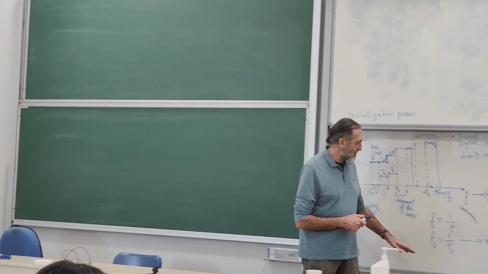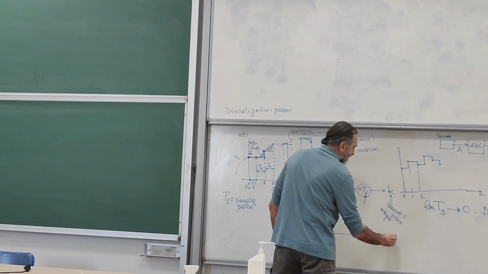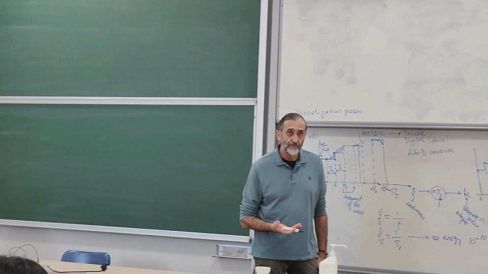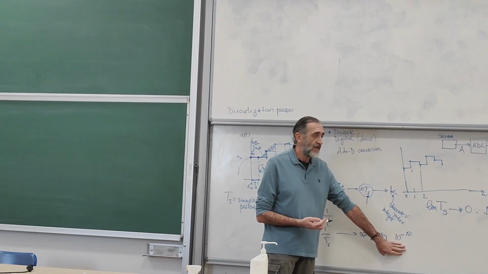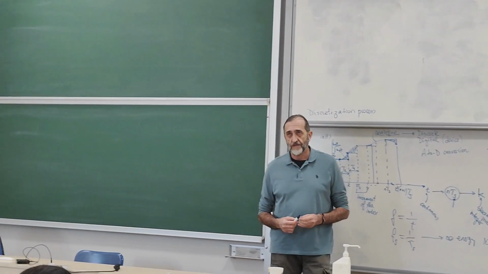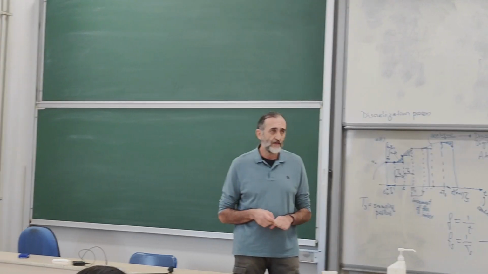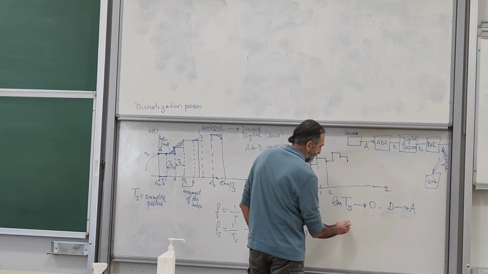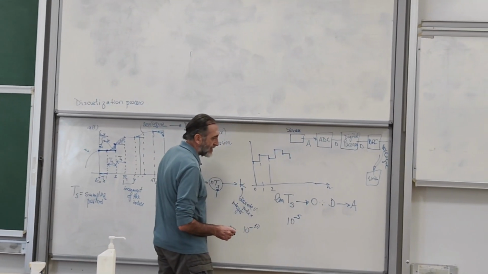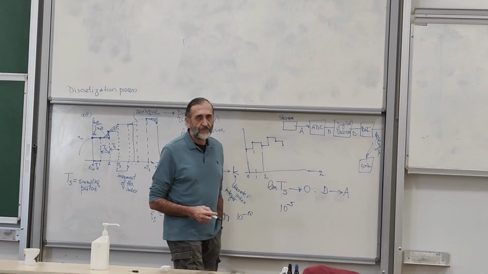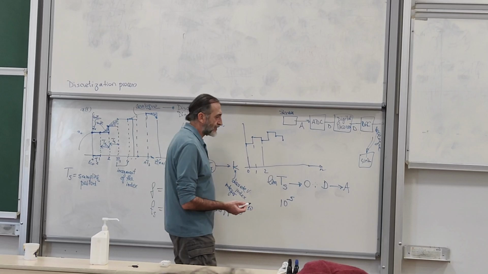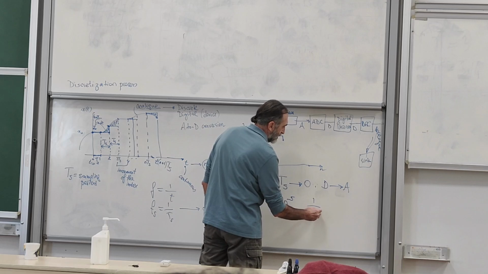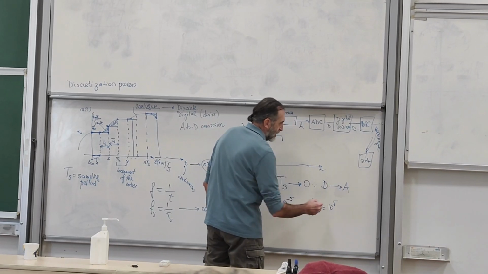You can increase your sampling frequency to 10 to the minus 10 or 15 seconds maybe. But that needs a very high-powered central processing unit. Okay? And most laboratories cannot afford it. So what you have to do is be satisfied with, for example, 10 to the minus 5 seconds, which means that every second you're taking 1 over 10 to the minus 5, which is equal to 10 to the 5 points.